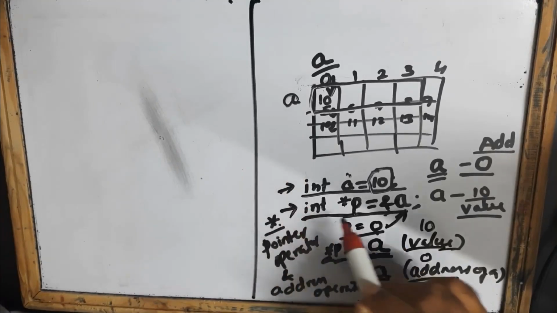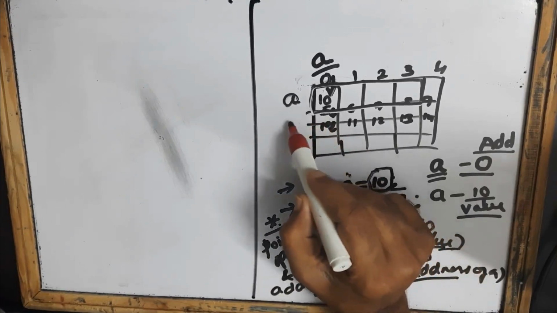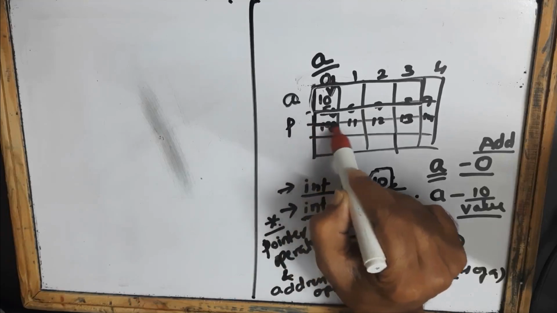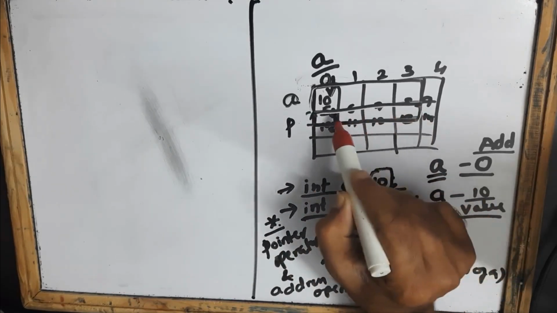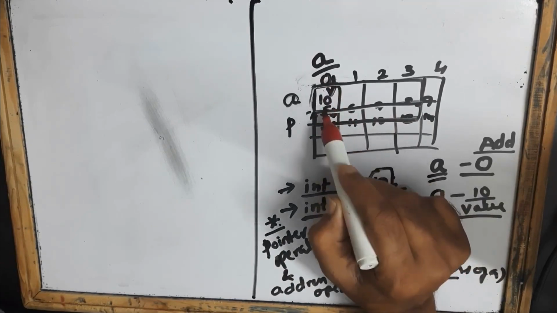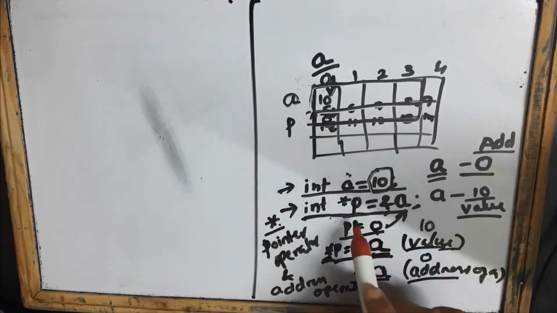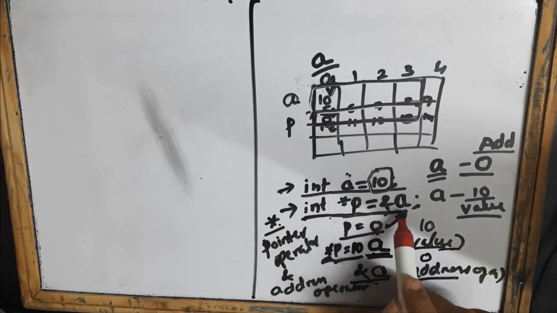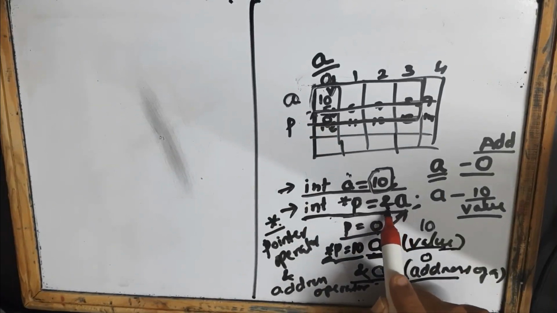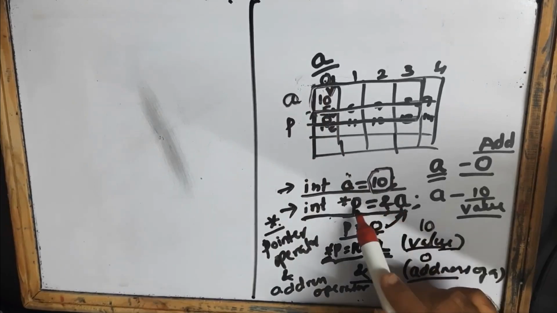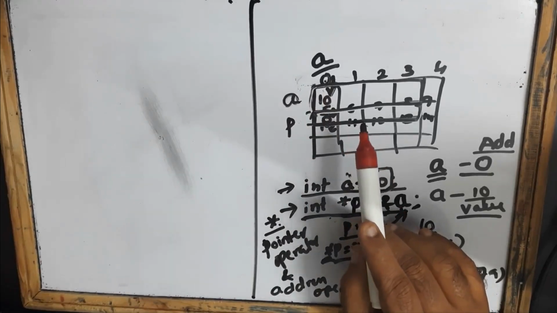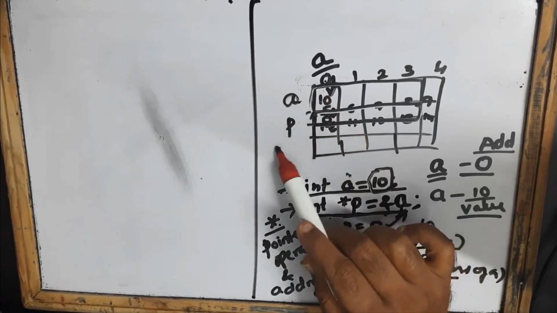In the second line, star P, P is also assigned 4 bytes, but in these 4 bytes you save the address of A. When you say star P is equal to ampersand A, the address of A is 0, and 0 is saved in the pointer location.